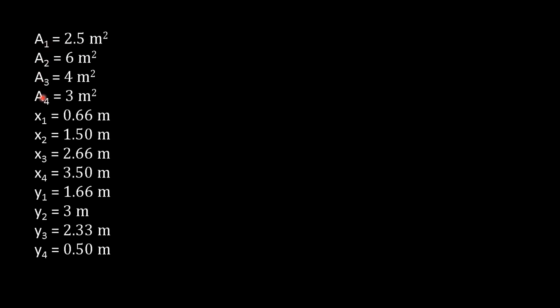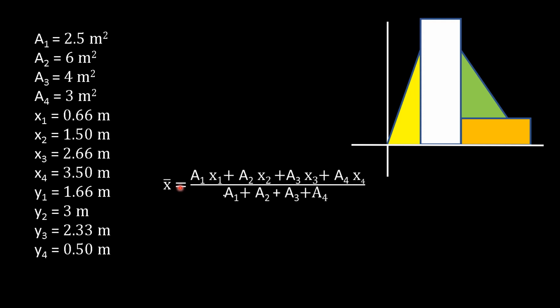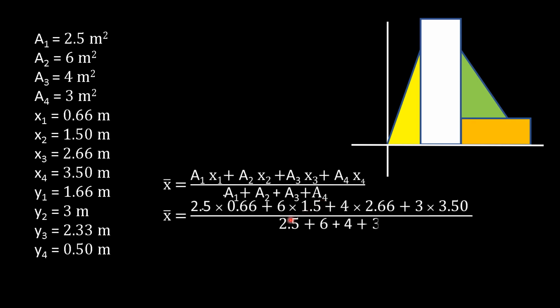Values of areas of the 4 subsections and the distances of the respective centroids from the y-axis and from the x-axis have been provided here. These are the 4 subsections. We have x bar equals a1x1 plus a2x2 plus a3x3 plus a4x4 divided by a1 plus a2 plus a3 plus a4. After substituting the values and calculation, we get x bar equals 2.05 meter, which we show like this.